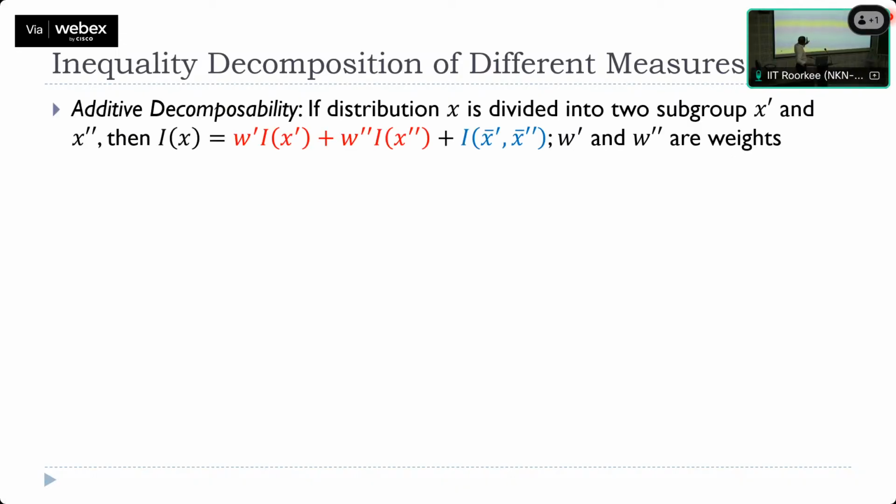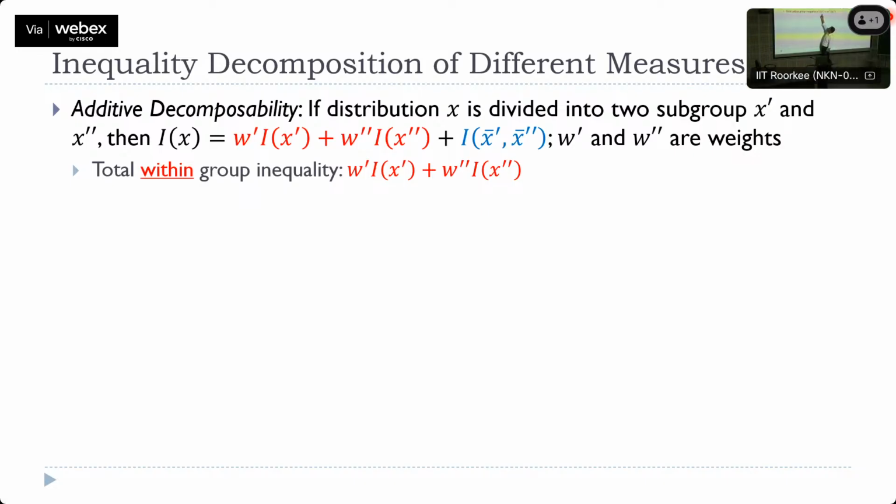Inequality decomposition, I just wanted to show you how it works. If you have a decomposable inequality measure, the idea is that this is the total within-group inequality. Suppose you take the Indian states and divide India into two groups, northern states and southern states, mutually exclusive, collectively exhaustive.